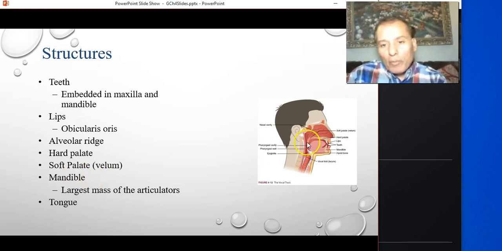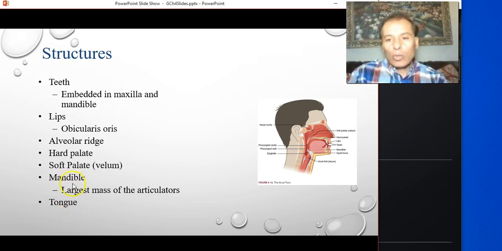And then you have the soft palate. Another name for it is the velum, and it is important for swallowing and for speech and for the quality of your voice. And then the mandible, of course, is another name for the jaw, and it has a lot of muscles to move it up and down, make it do its function.